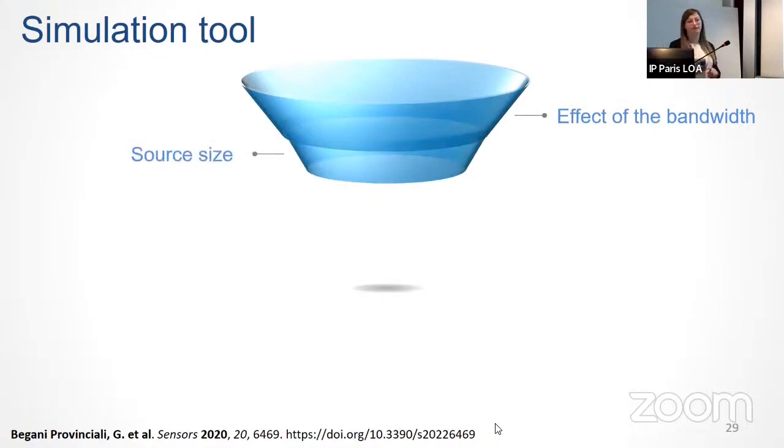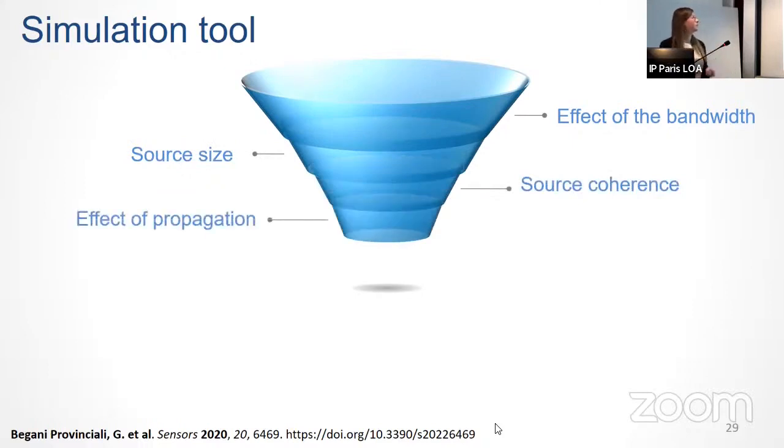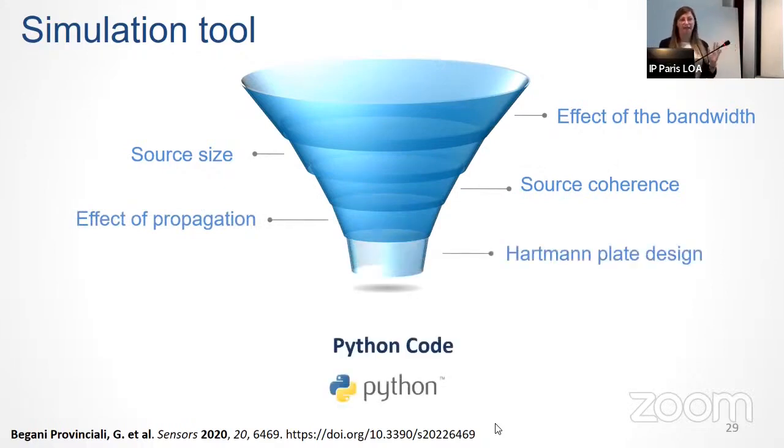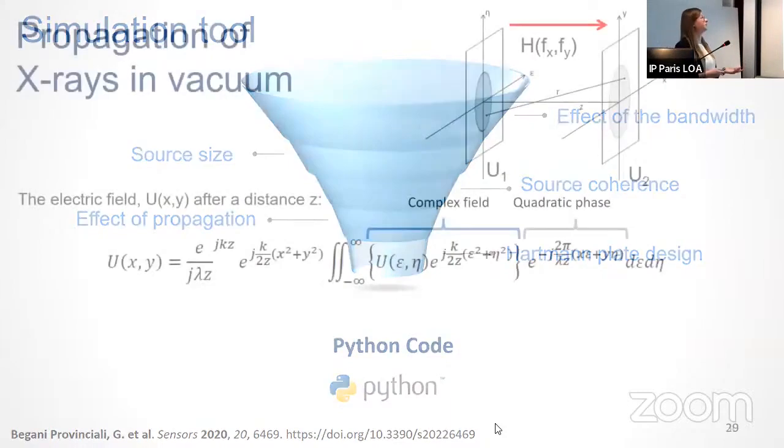What is the effect of the source size, of the level of coherence of the source, and also of the propagation between several optical elements, and the design itself of the Hartmann plate, so the shape of the aperture and all the parameters. So we implemented a Python code to address all of these questions.